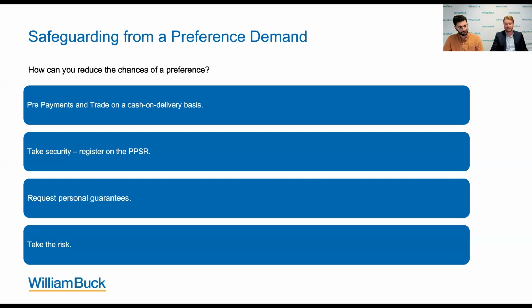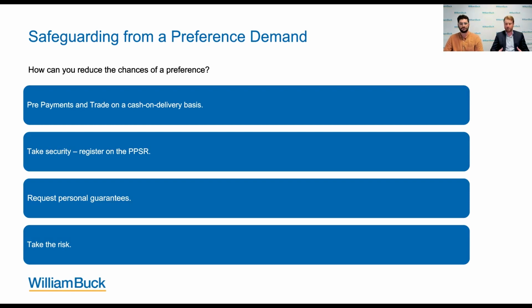Secondly, it's taking security. So we saw early on in the presentation a secured creditor that has security over assets that are worth more than their claim at that time. Has sufficient security and therefore has no claim against the company, and a secured creditor can't be pursued for a preference payment.